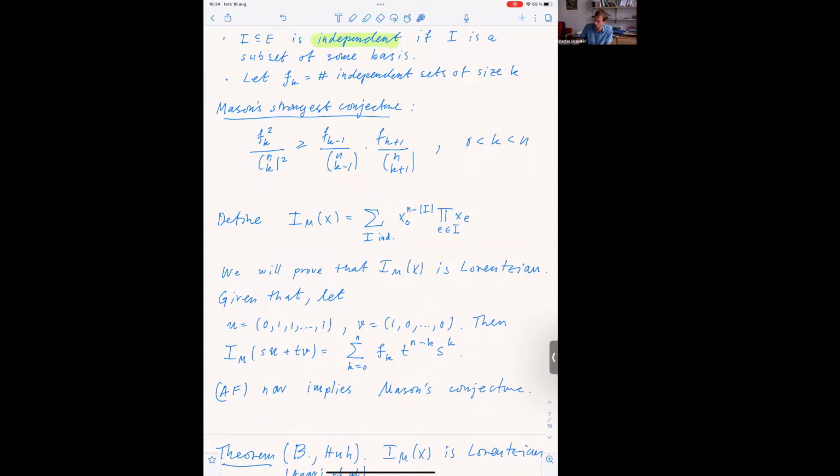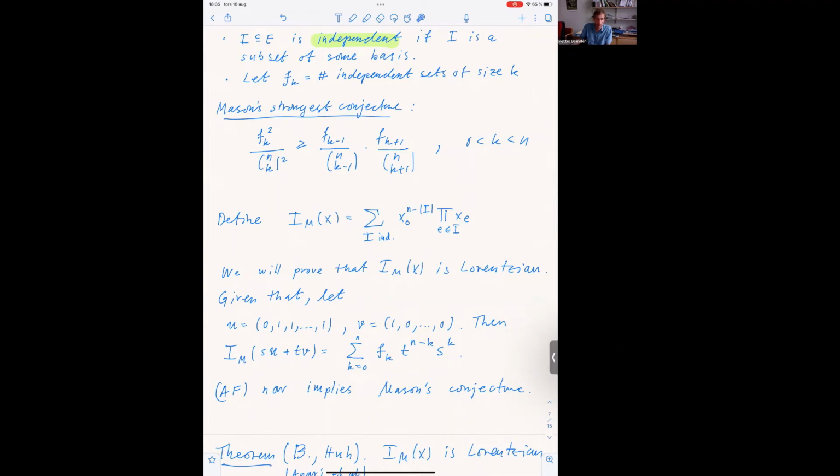So what we want to do is associate a Lorentzian polynomial in several variables, and the naive thing to do is just to take the multivariate generating polynomial. So we have one variable for each element in the edge set, and then one extra dummy variable to make it homogeneous.